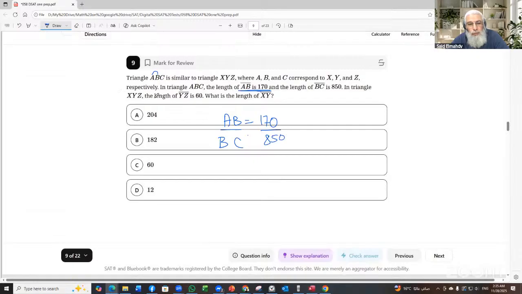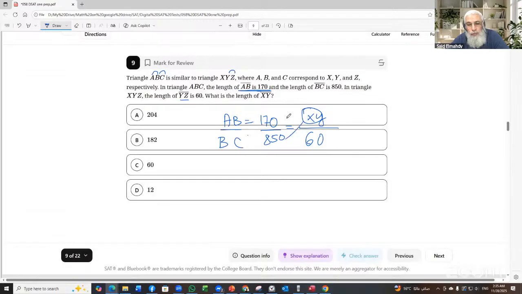In triangle XYZ, the length of YZ is 60. Where is YZ? YZ is here, and it is similar to ABC. What is XY?